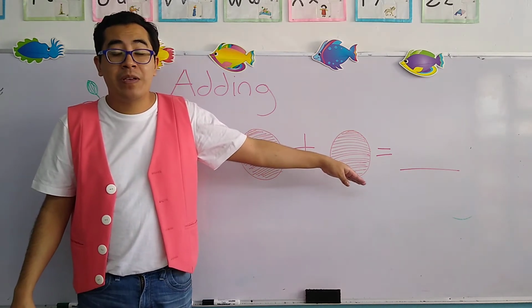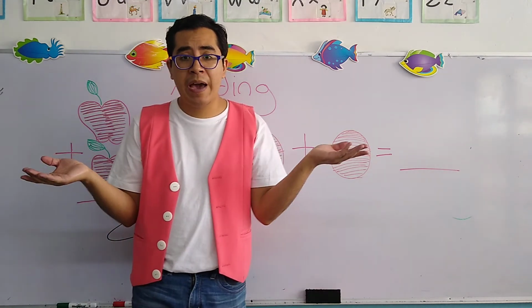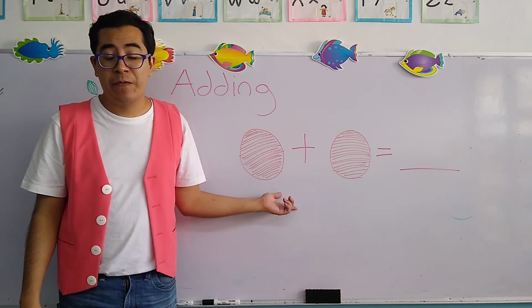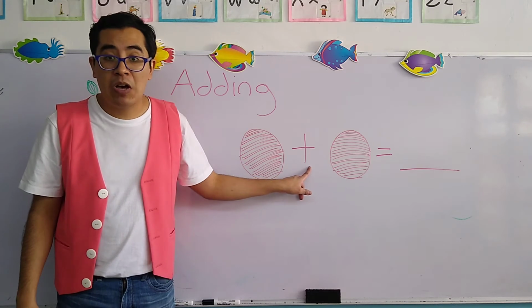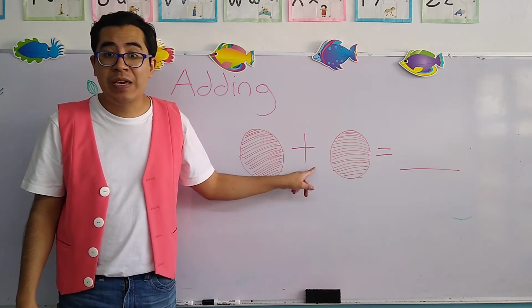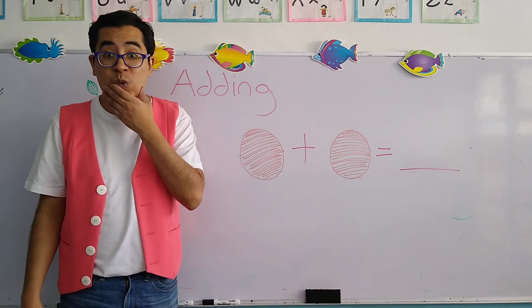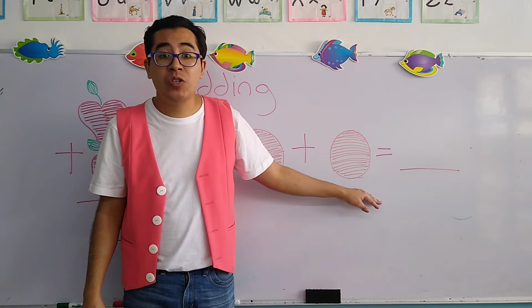Okay? Very good. Now once again, first of all, what objects do we have? Here we have oranges, like the fruit. Okay? We have oranges. Now we have the plus symbol. This indicates that this is an addition. Recuerden que este símbolo indica una suma. Next to, we have another object that we are going to count.